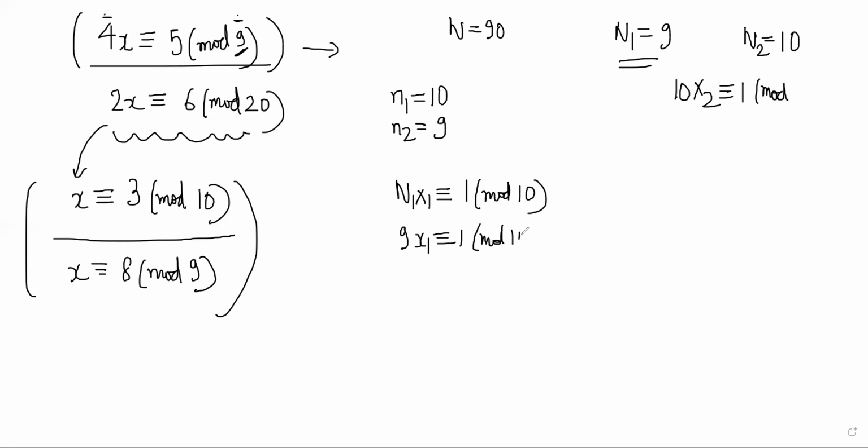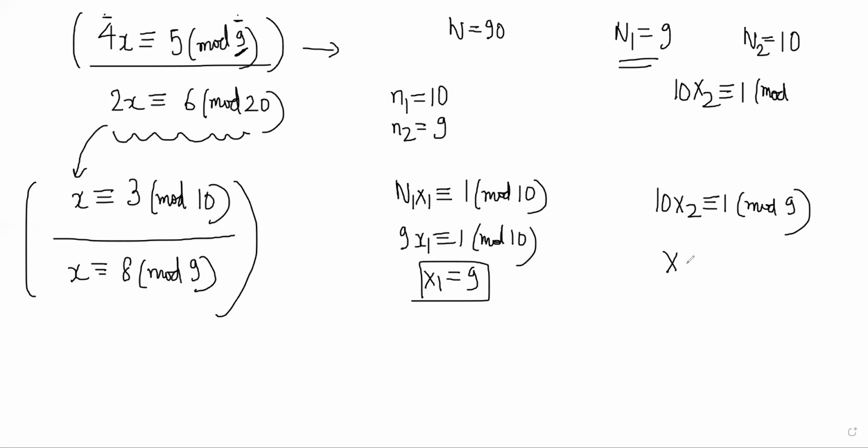Now it is correct. X1 is 9. And N2 X2, 10 X2, is congruent to 1 mod 9. So this time X2 is just 1, right?